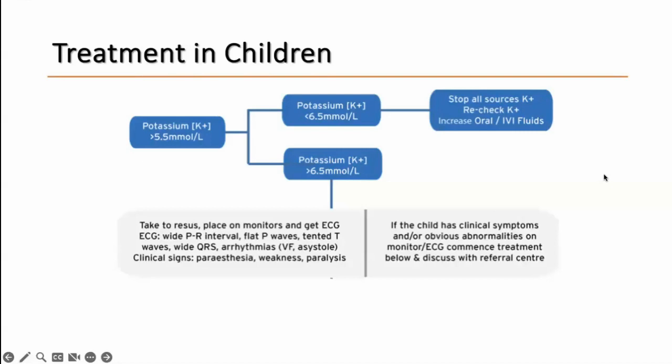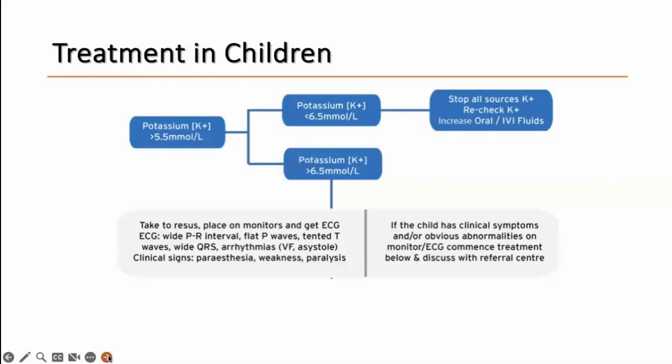On your ECG, you're looking for your peaked T waves, any flattened P waves, your PR interval widening, wide QRSs, and your arrhythmias. And you're looking at your clinical signs like we discussed, looking at wherever your different muscle groups are: skeletal, smooth, and cardiac. You're looking at your weakness, paralysis, your abnormal arrhythmias, and your intestinal cramping, nausea, and vomiting.